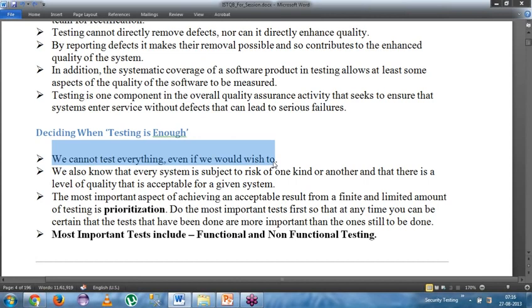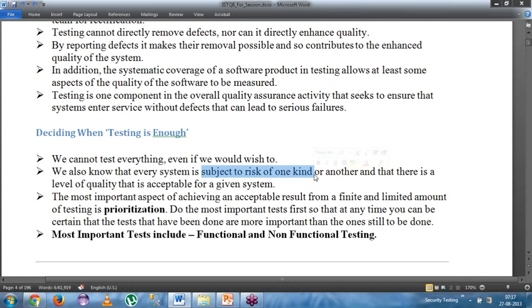It might be practically impossible, and it might take ages to finish the testing itself. So what we need to do in that case is address it based on risk. We have talked about risk in more complex systems, so we will focus on the riskier areas.